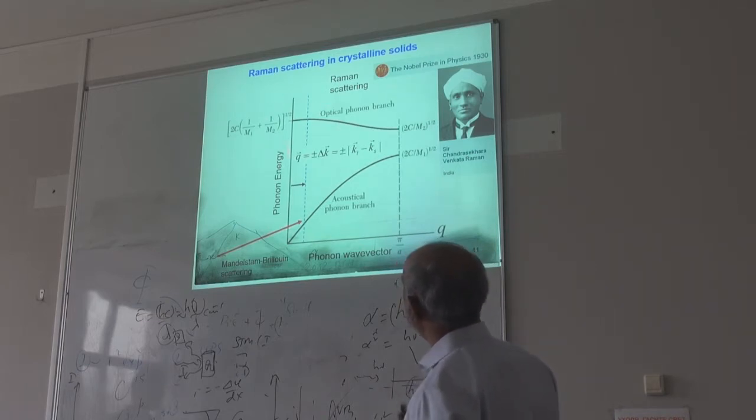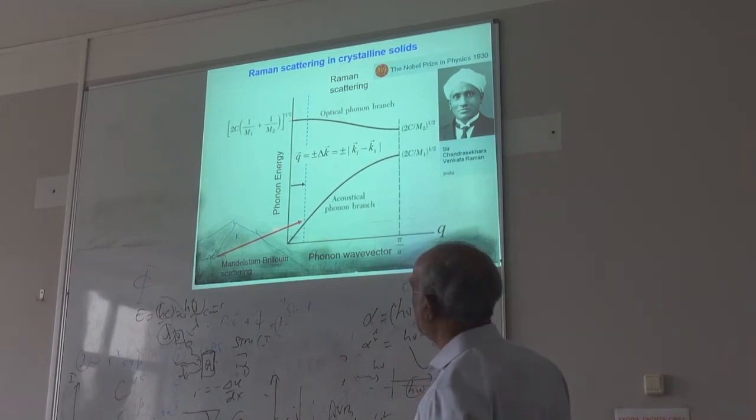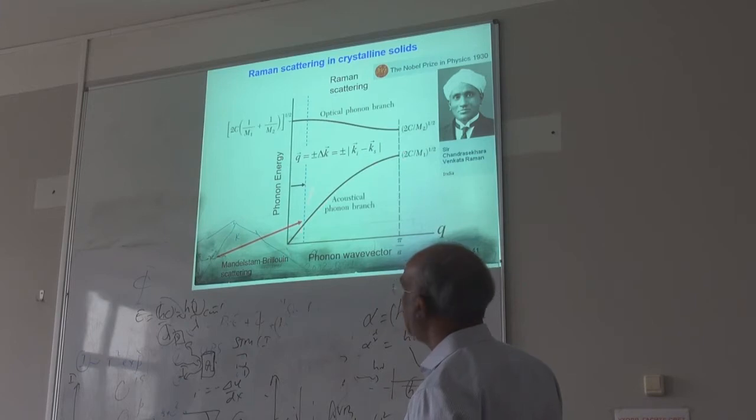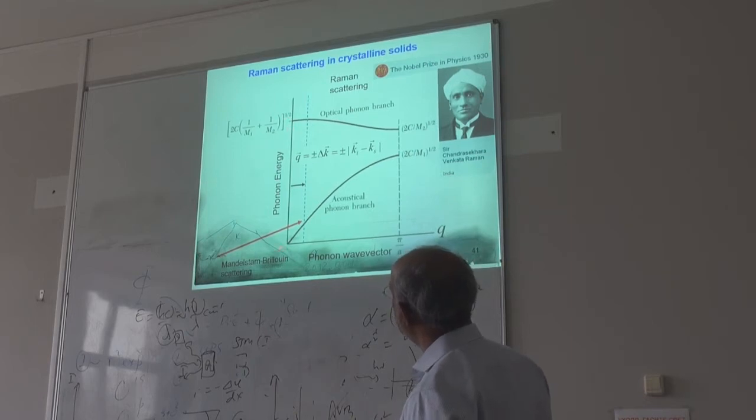This is the phonon density of states, the dispersion curve. This is the phonon energy with the phonon wave vector. We call this the acoustic mode. So this is the optical mode. So with Raman we can look at what is happening at this gamma point here.